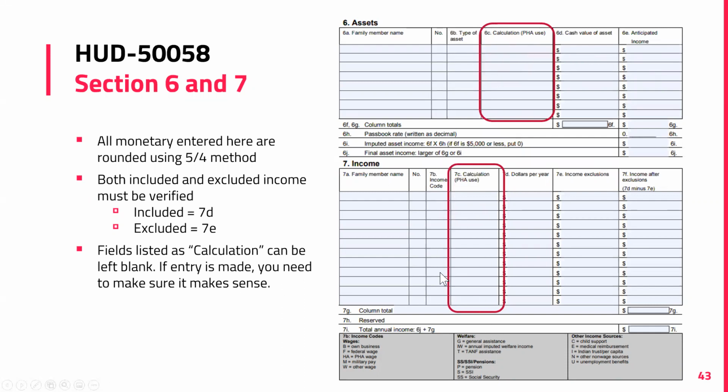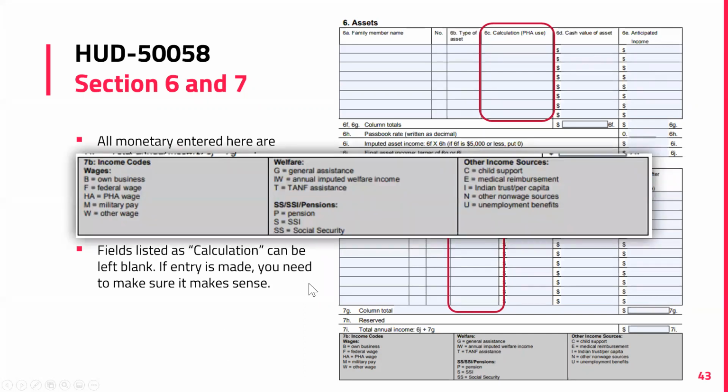They're not required to use them. This does not get transmitted to HUD for any reason. So the majority of the time, the 6C and the 7Cs are going to remain blank. If there is an entry, you do need to make sure that it makes sense though. Similar to the previous page, we have the cheat sheets on the bottom, which I thought is really, really awesome.